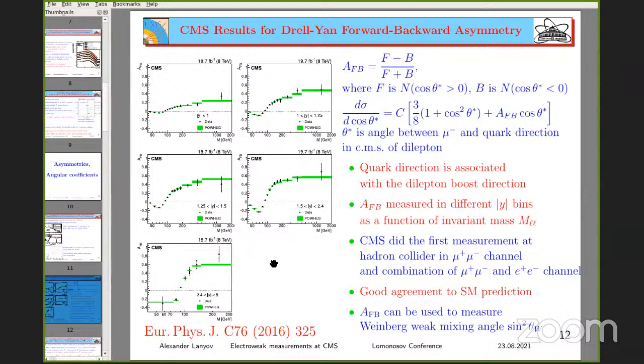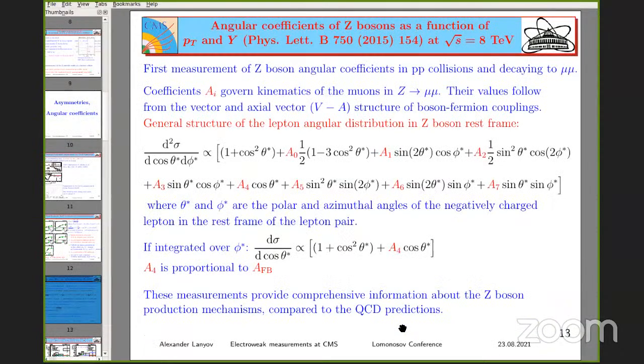So CMS did the first measurement at a hadron collider in the plus and minus channel, and presented a combination of dimuon and dielectron channels, and this can be used to measure the Weinberg angle also, which will be shown a little bit later.